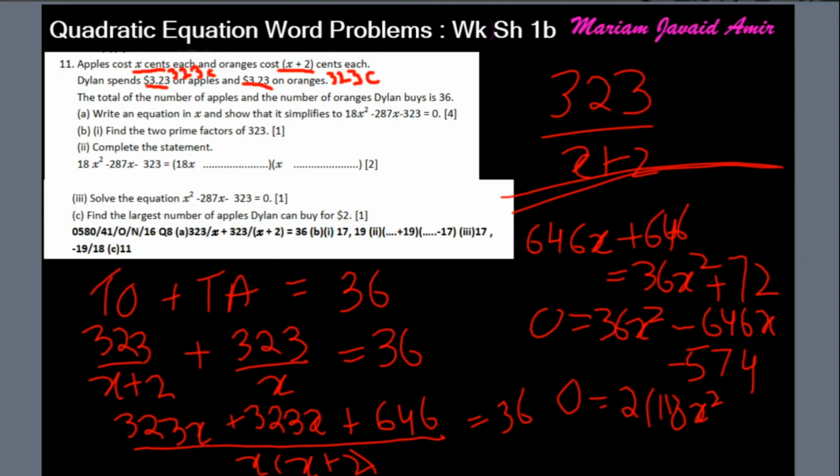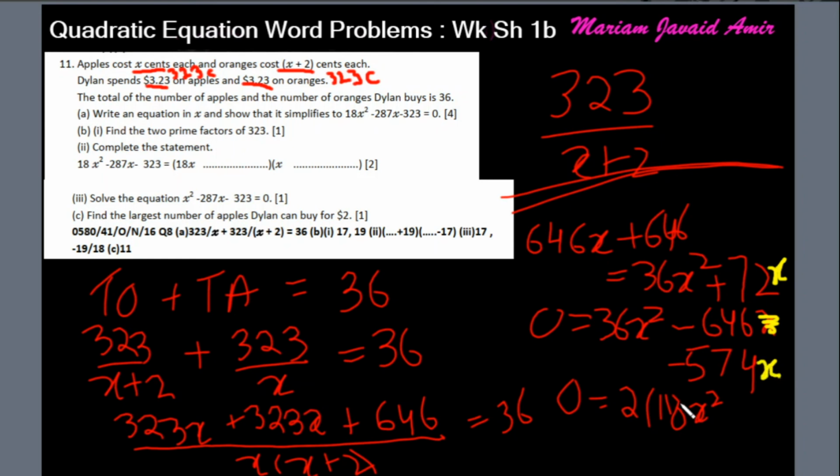I made a mistake here. This was 72x here. So 646 will go to the other side and become minus 646, and then we'll have plus 72x minus 646x, and we'll get minus 574x.